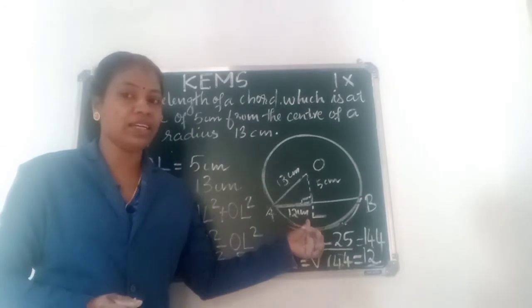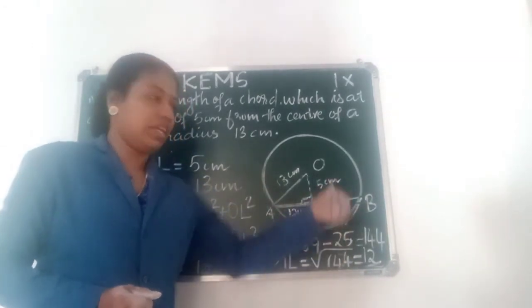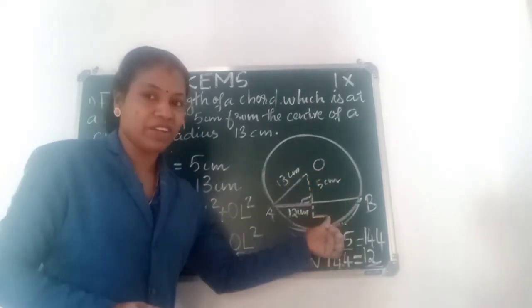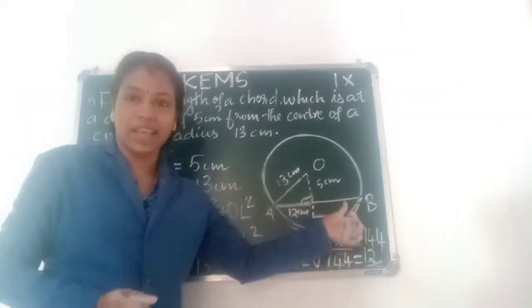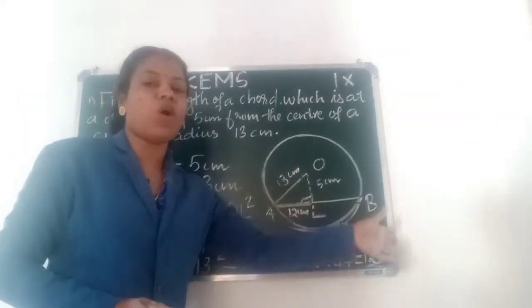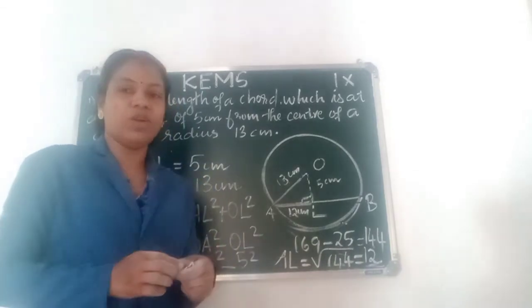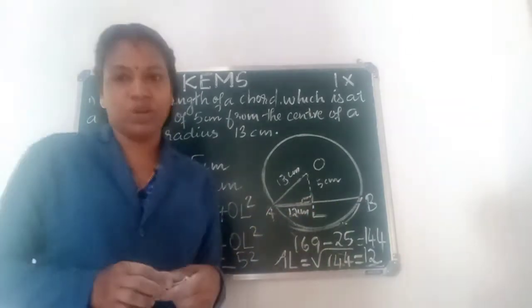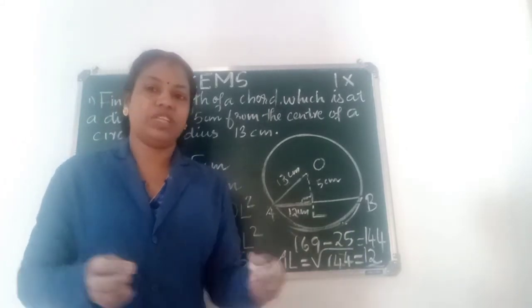What we need to find? The length of the chord. By using the property that the perpendicular from the center to a chord bisects the chord, these two lengths are equal. So what is the total length of the chord AB? Length of the chord AB equals 12 plus 12, or 12 into 2, which is equal to 24.